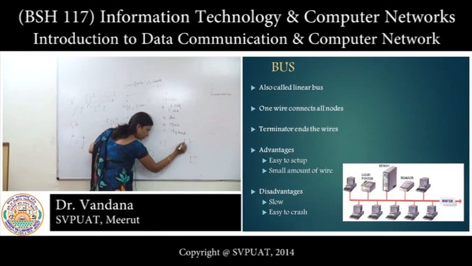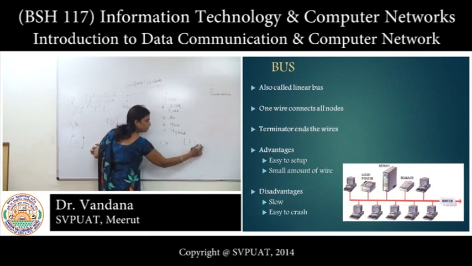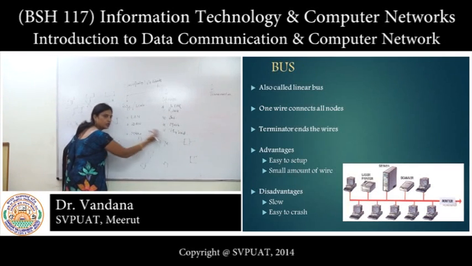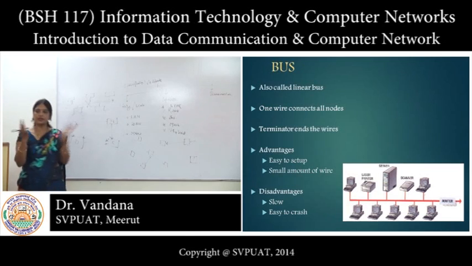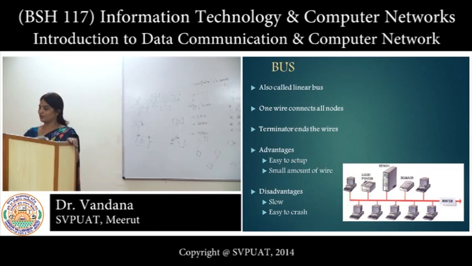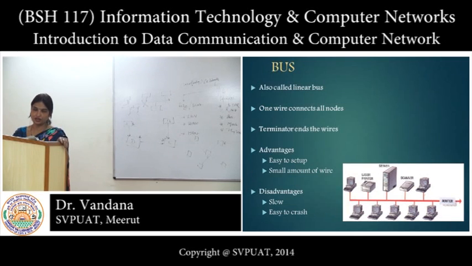And if this node is connected to this node, that means this entire network can access this topology. So I am combining the basic characteristics of two topologies together and getting the advantage of both topologies.